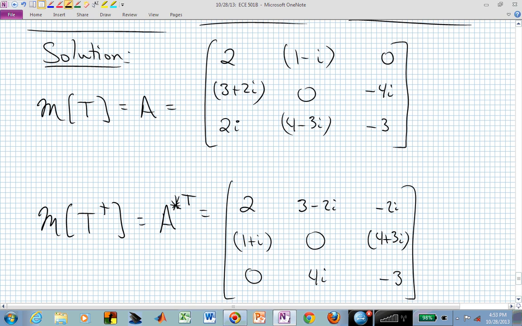That's correct. So the adjoint operator, in matrix representation, is just the complex conjugate transpose of the matrix representation of the original map.